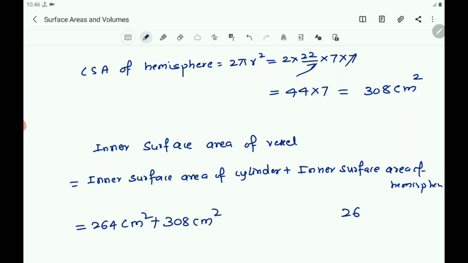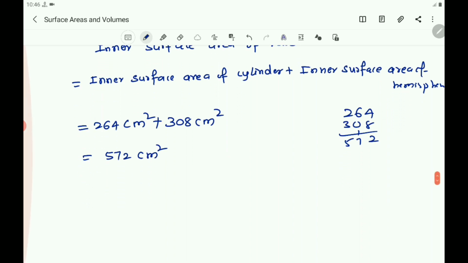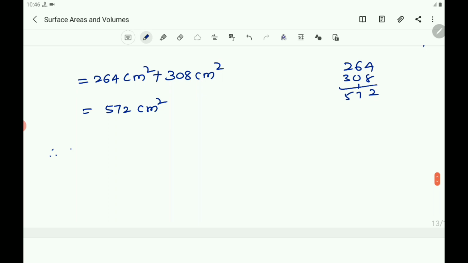What is the sum of 264 and 308? 8 plus 4 is 12, so you will get 572 cm square. Therefore, the inner surface area of the vessel equals 572 cm square.